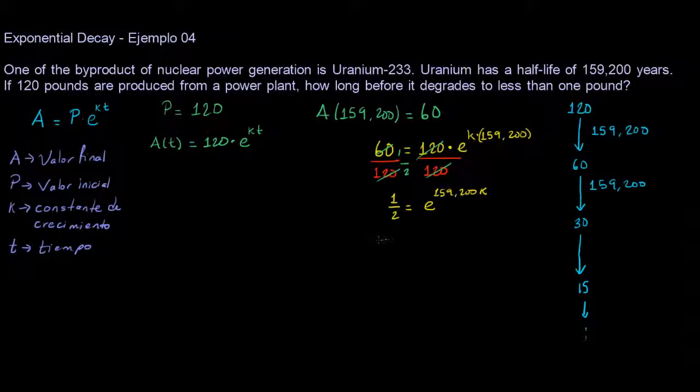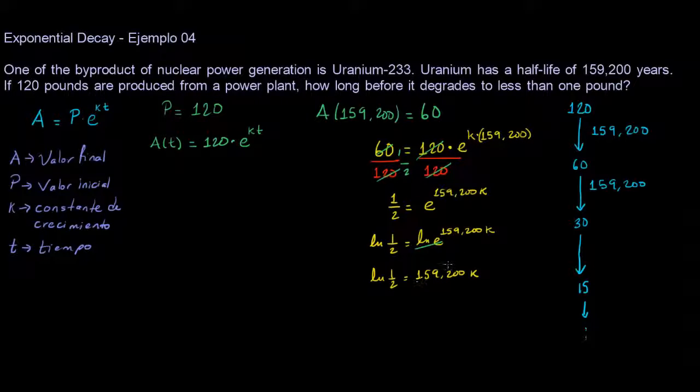If we want to solve this, we have to apply the natural log on both sides of the equation. The natural log of 1/2 is equal to the natural log of e to this insanely big power. By using the natural log, we cancel out these two, and we just have the natural log of 1/2 equal to 159,200k.